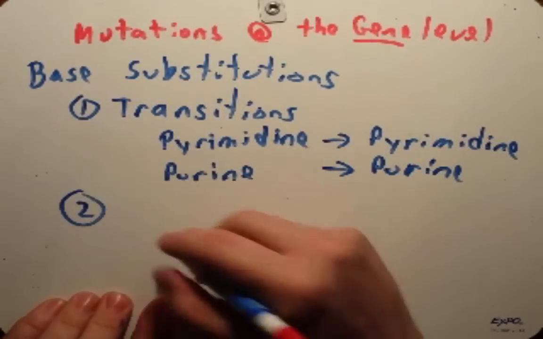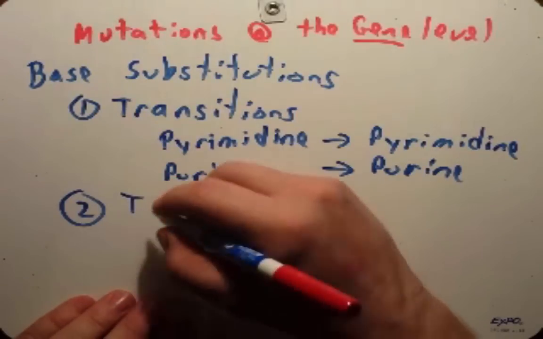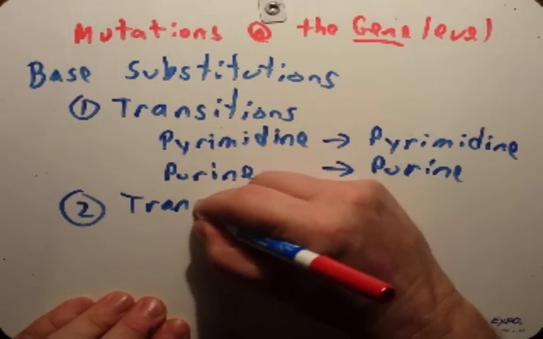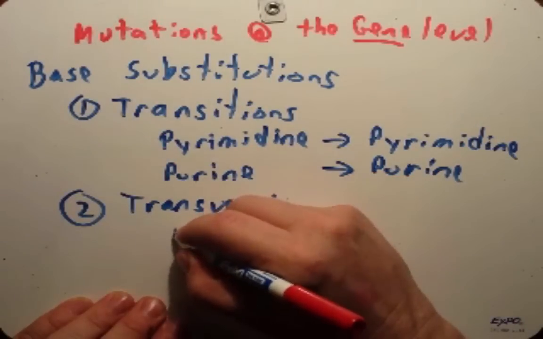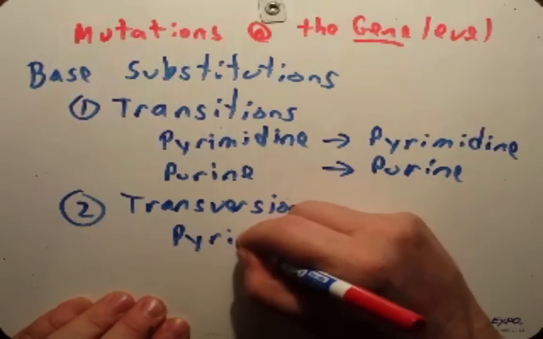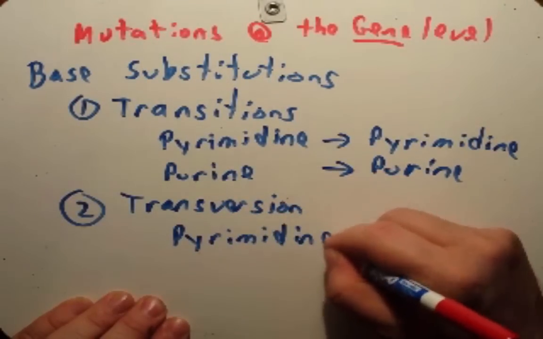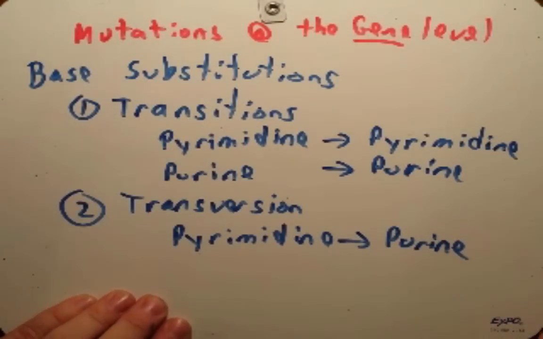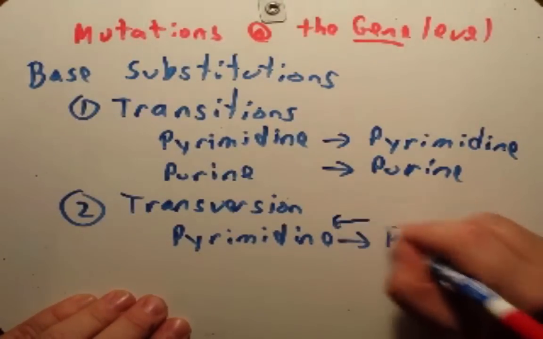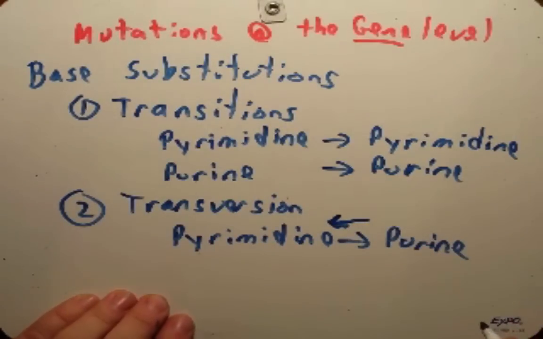The other type of base substitution is a transversion. And this is going from a pyrimidine to a purine, or vice versa, a purine to a pyrimidine. So that's what the base substitutions are.